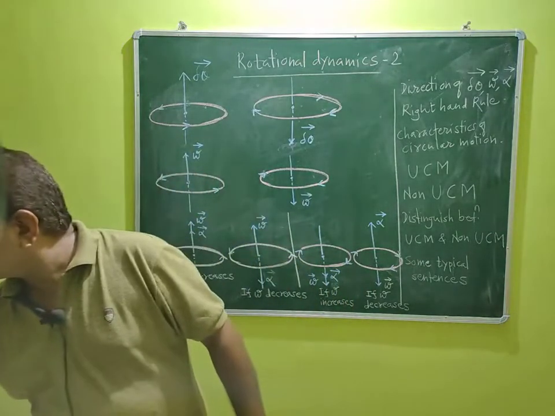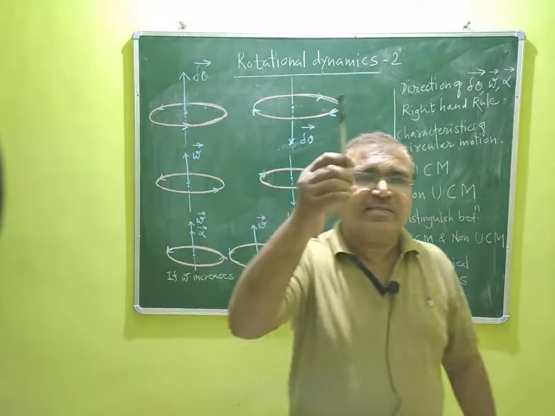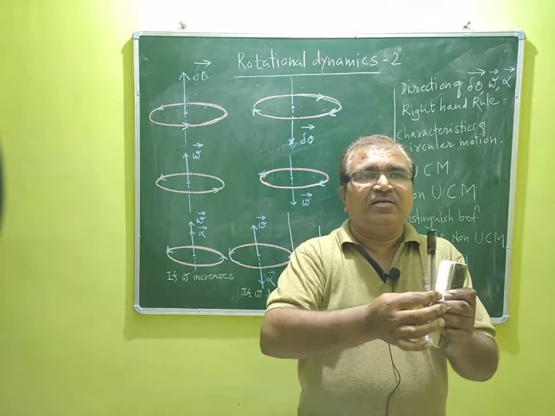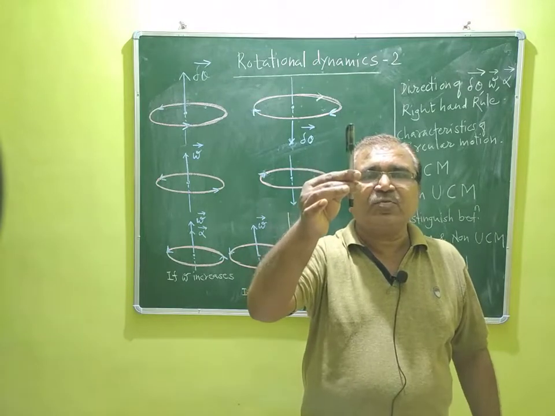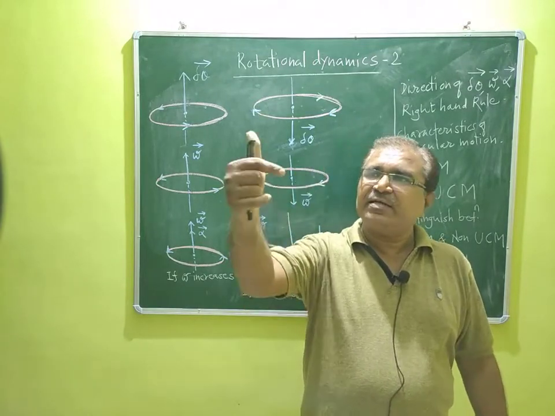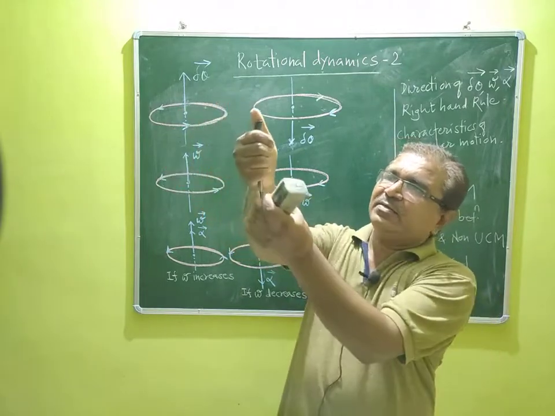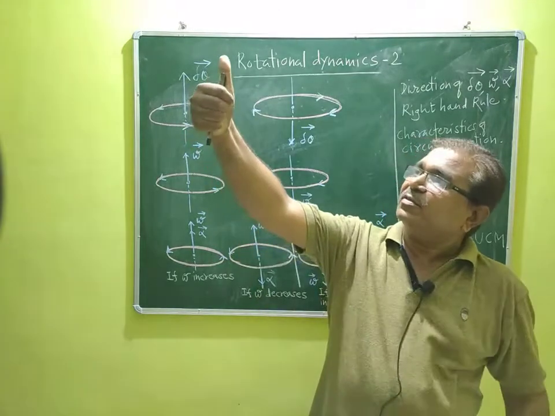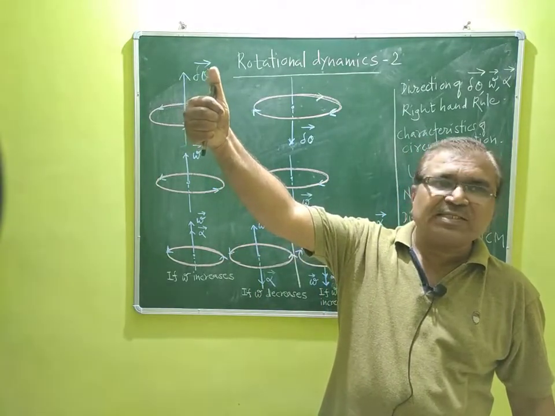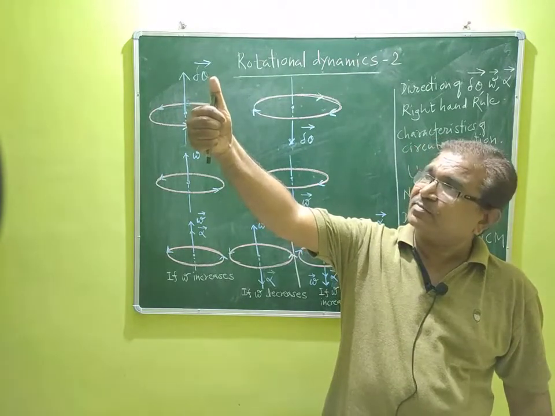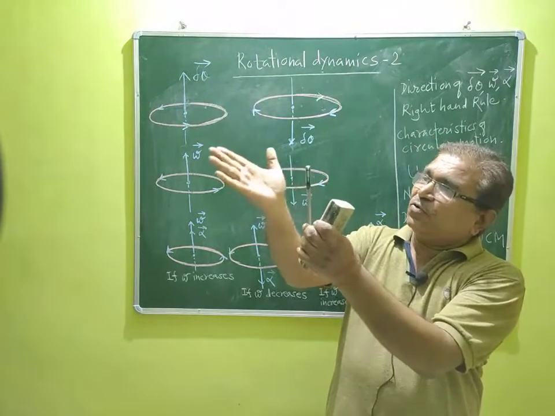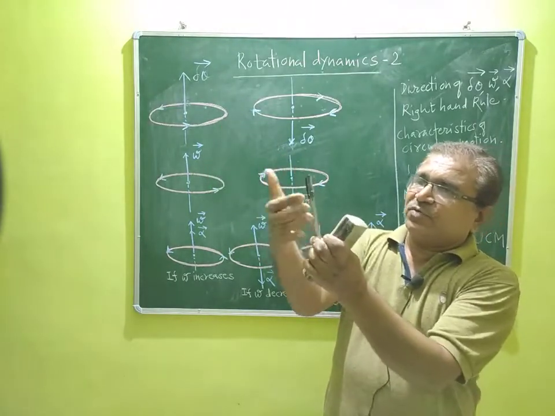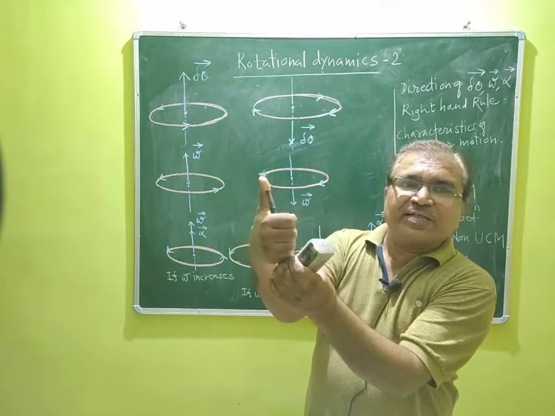See here, suppose this is an axis of rotation, and hold this axis of rotation in the right hand in such a way that the curled fingers are around the axis of rotation and the thumb is outstretched. See here, guys, these four fingers are curled around the axis like this, which suggests the anti-clockwise direction.